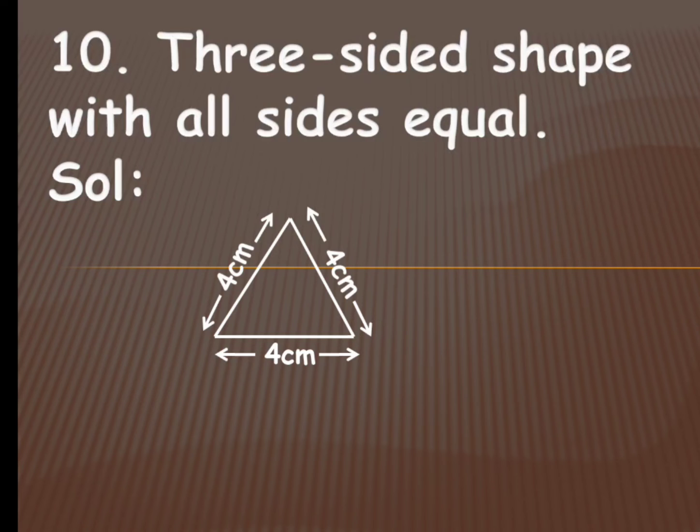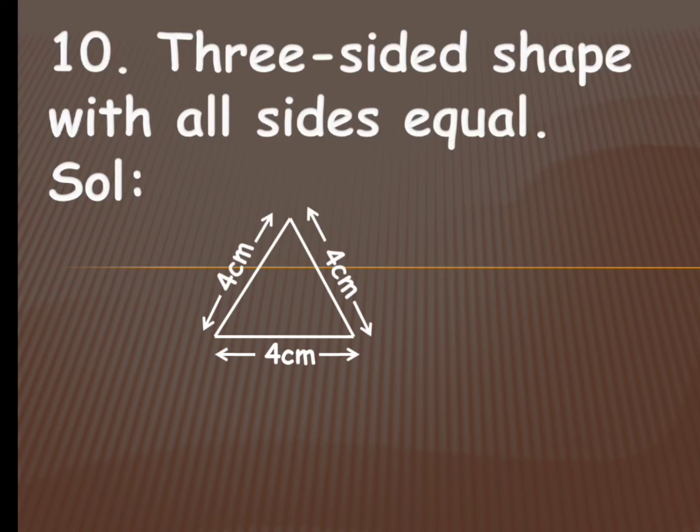A four-sided shape with opposite sides equal and all angles equal, that will be equal to 90 degrees. This is a rectangle, opposite sides equal, rectangle. So like the previous one, we have constructed a square, but it should be a rectangle, opposite sides will be equal.